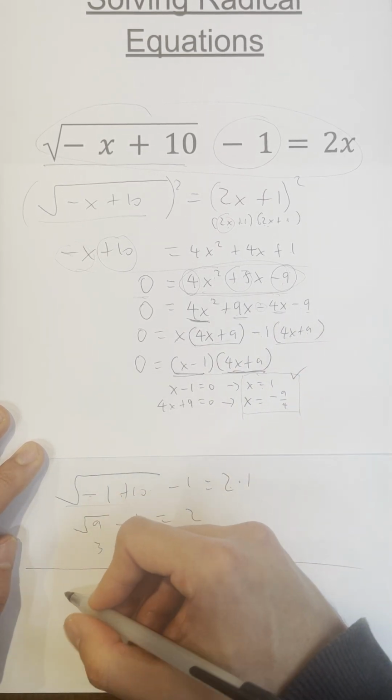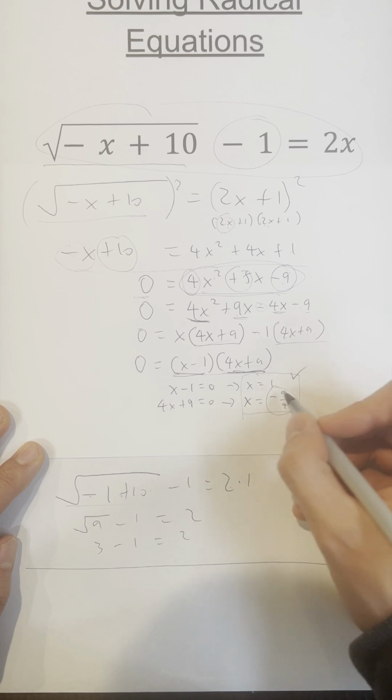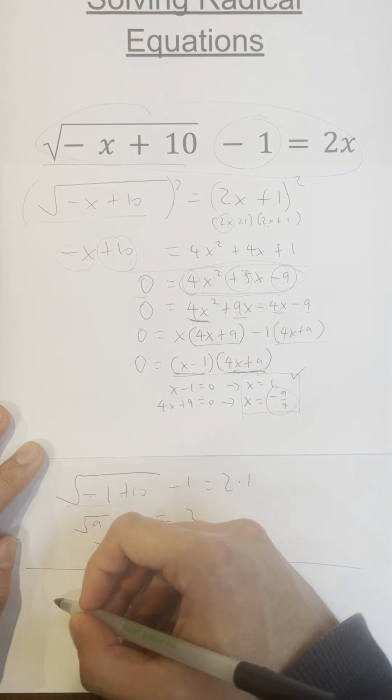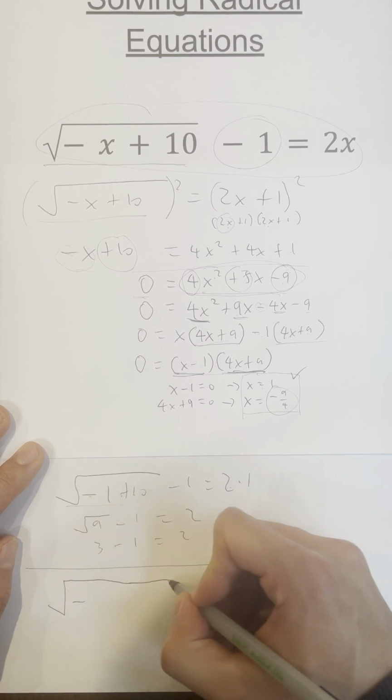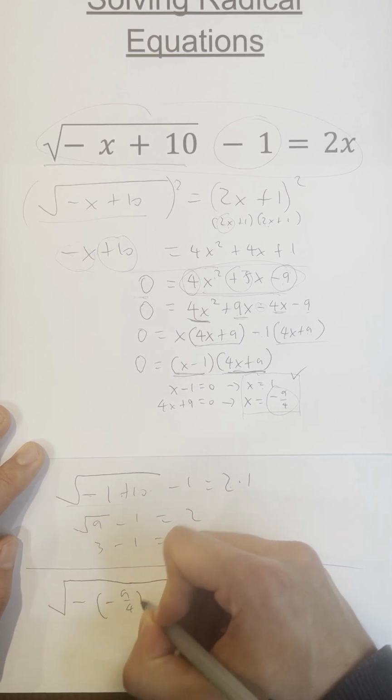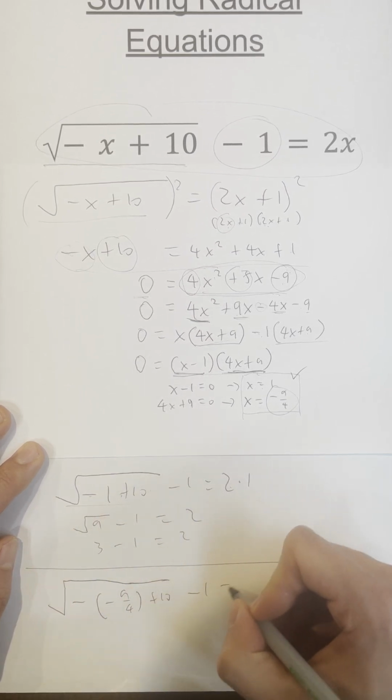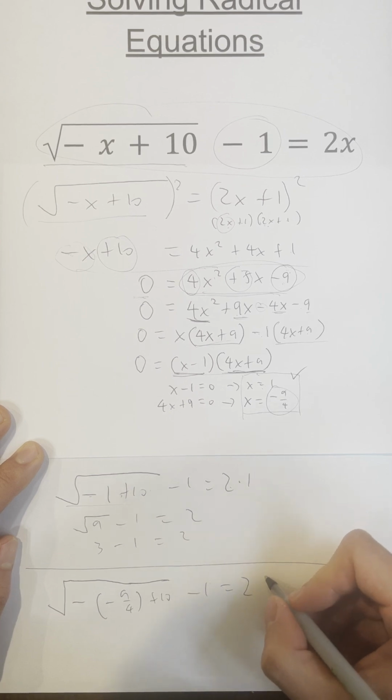Let's try negative 9/4. Okay, so we're going to get square root of negative 9 over 4 plus 10 minus 1. Is this going to be equal to 2 times negative 9 over 4?